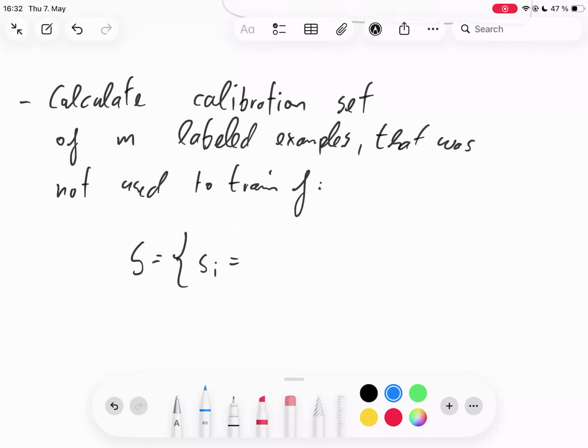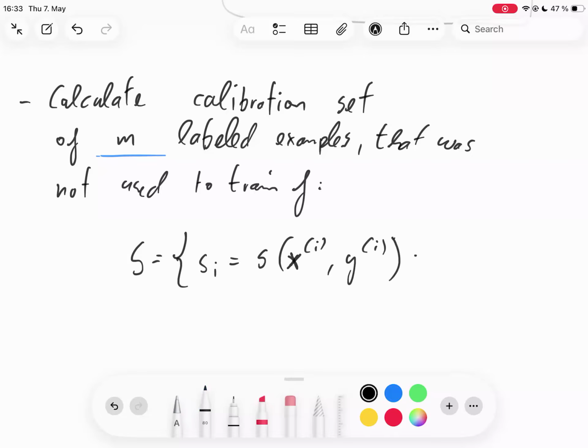M here does not mean the training set, but we have M labeled examples that were not used to train F. And these conformal scores are then Si, where S is of the input Xi and the corresponding label.